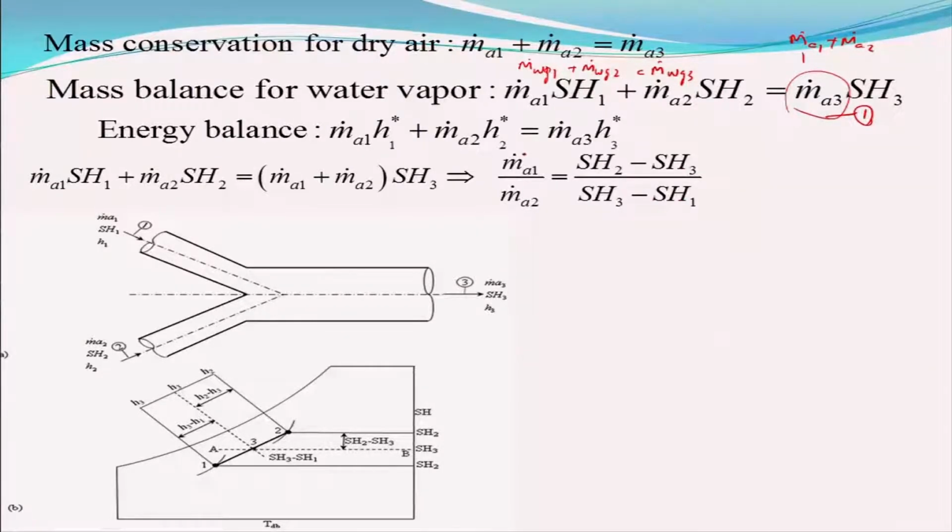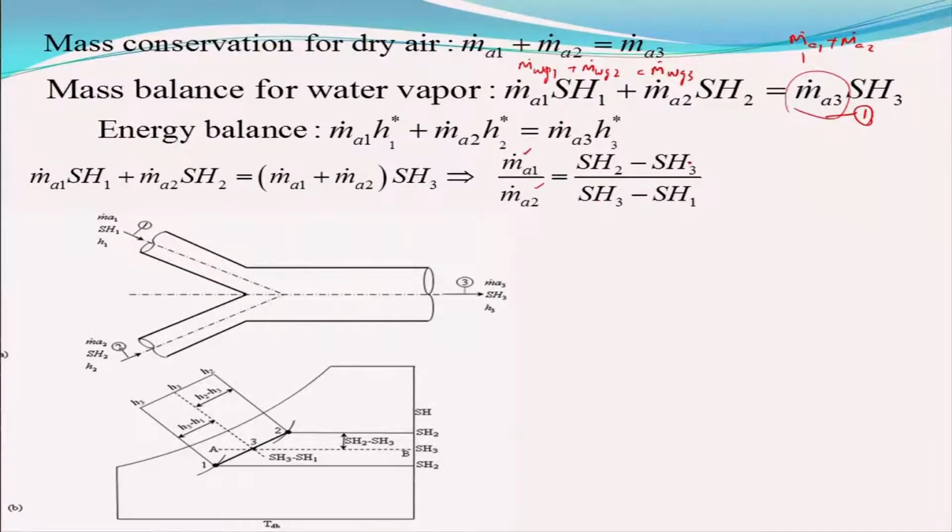So, if I know the mass flow rate, I can very easily find out this thing, from here, that is the H2. If you look at H2 minus H3, and if I can find out H3 minus H1, this portion, provided I know these values.